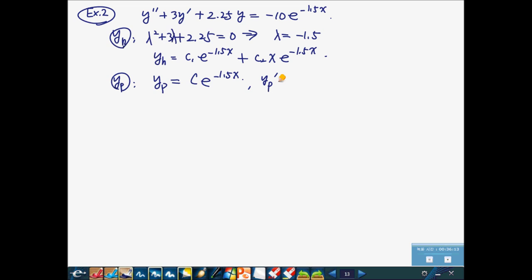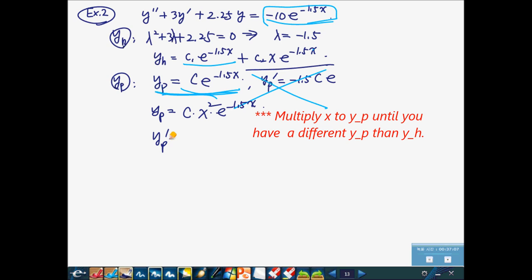And yp prime is minus 1.5 c times e to the minus 1.5x, oops, you see? We're going to immediately know that this same function is already in the homogeneous part. You can do this, and yp prime, yp double prime, you plug it in, and then you compare, and you determine the coefficient. Let me skip that part.